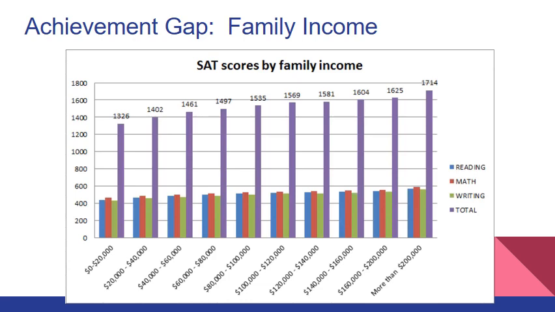As you can see, when you look at the SAT exam, one of the mandatory exams that colleges use to determine admission, students that come from families that earn more than $200,000 per year, on average score approximately 200 points higher on both the math SAT and the reading SAT than students who have parents who earn between $0 to $20,000 per year. As you can see, the pattern on this graph is, the more family income, the more likely to score higher on the SAT.